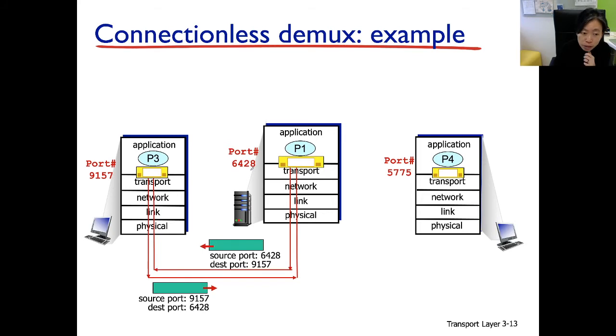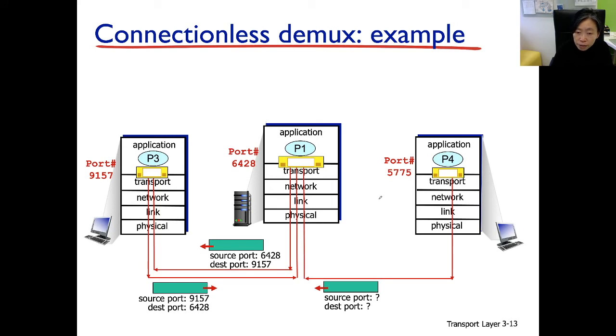And the return messages, so replies from the server, would then carry the source port number being the server's port number and the destination port number being the original request sender's port number, 9157, the client's port number. So you see also a little bit how P1 can generate the reply. The port numbers are essentially the reverse, okay, of the requests.